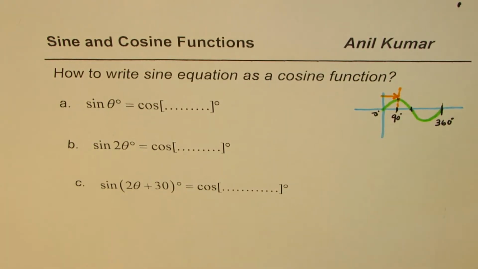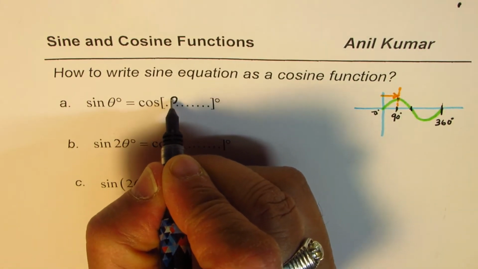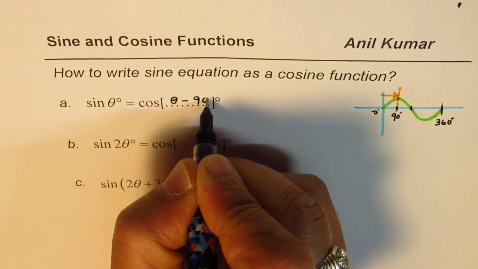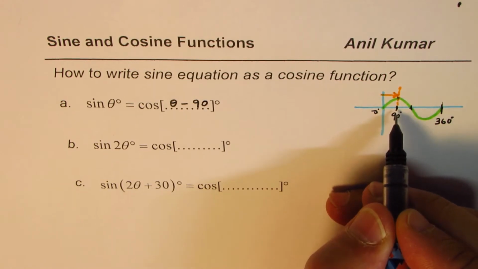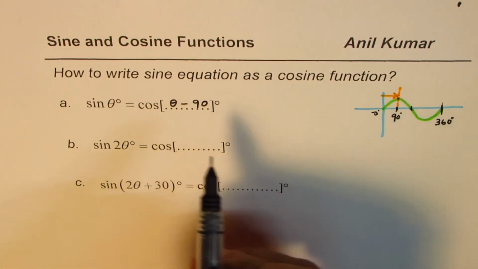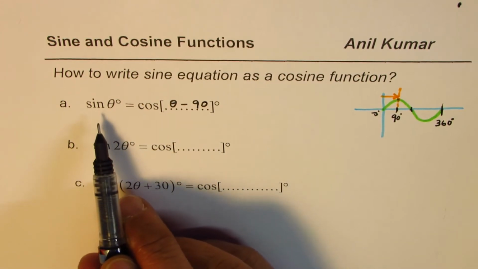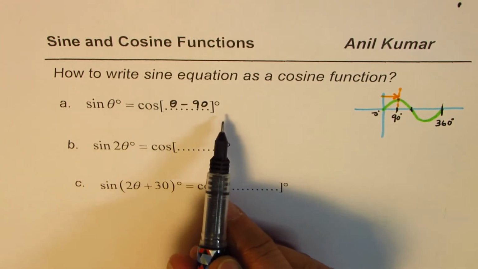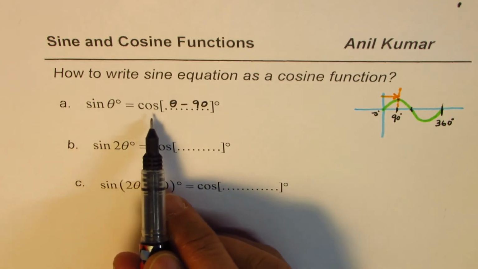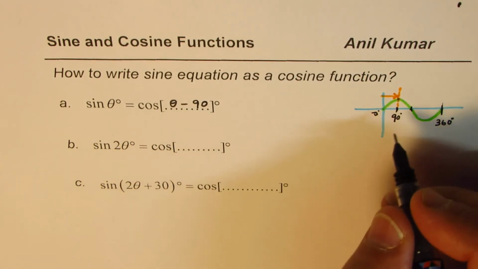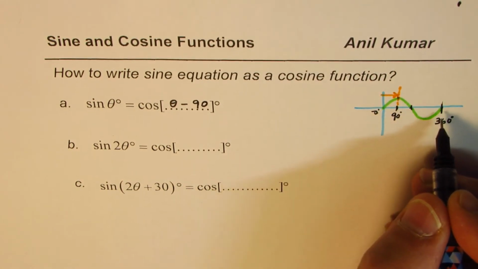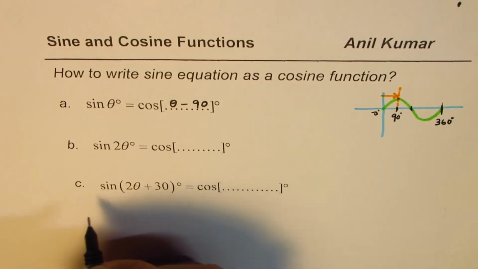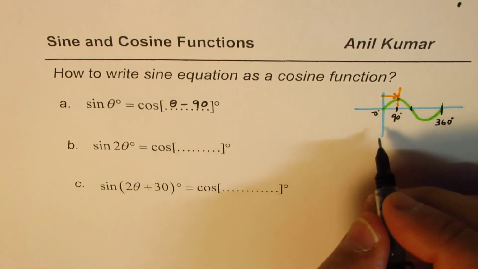So you could write this as cos of theta minus 90 degrees, since we have moved this 90 degrees to the right to get the cosine function. So that's the whole idea. In general, the formula for converting sine theta to cosine is sine theta equals cos of theta minus 90 degrees. As you can see, 90 degrees is 1/4 of a cycle.